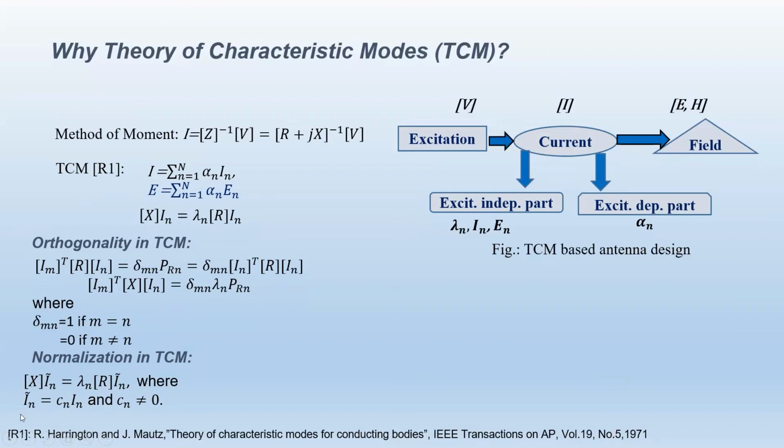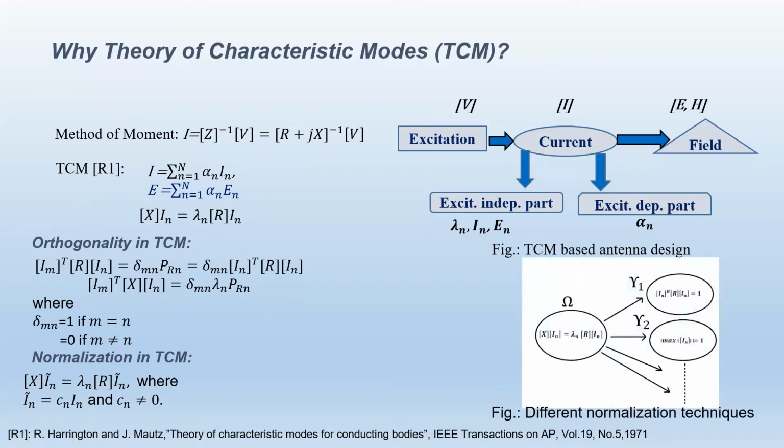We have to define the uniqueness in some sense. There are multiple ways. Harrington assigned the eigenvectors so that the modal radiated power is 1, like here. Another way, which MATLAB provides, is to compute the eigenvector and normalize it with respect to the maximum amplitude. Any one will be fine.